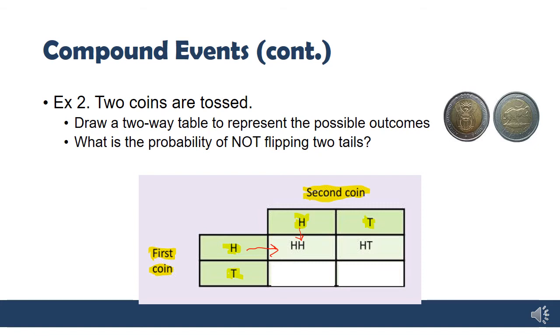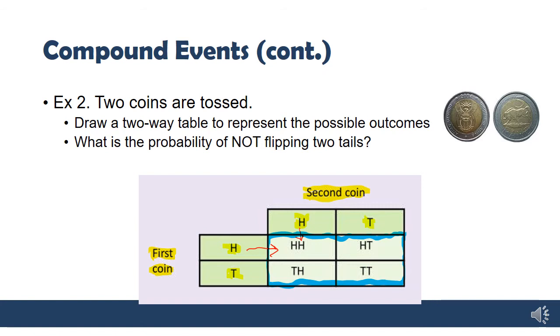Then filling in the table, I then have tails, then heads, and then tails, tails. So these 4 represent my sample space. Just like before, these are the same exact outcomes as when we did the tree diagram.